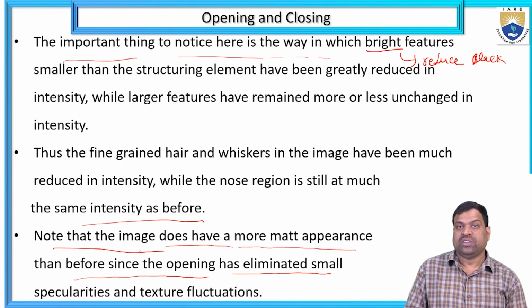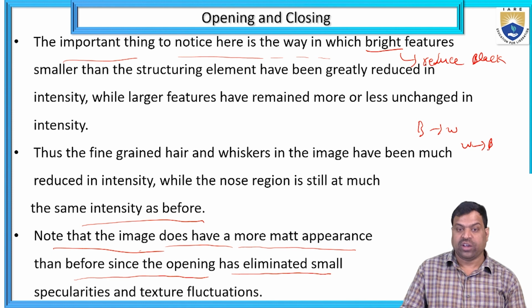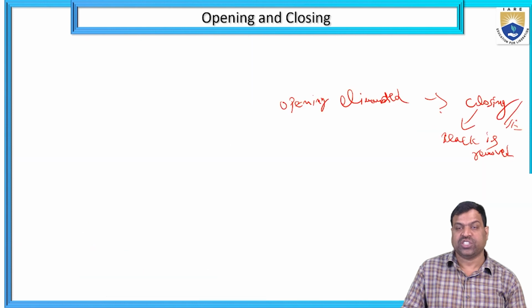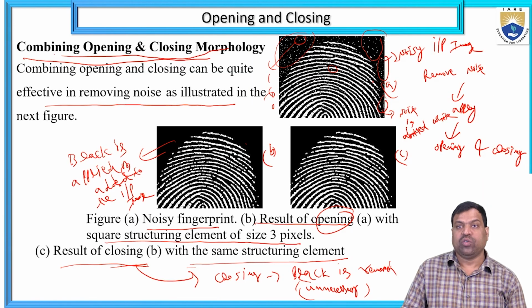The important thing is that the bright features of the image are reduced according to the structuring element; we are changing the intensities, that is, black to white or white to black. The image does not keep as much appearance, since the opening has eliminated small texture fluctuations.